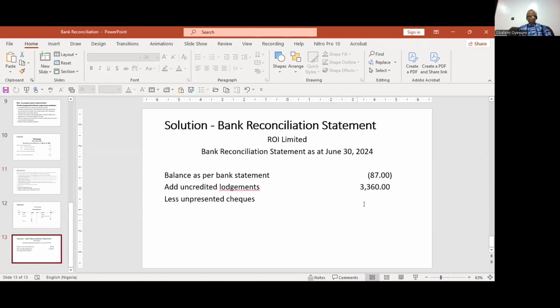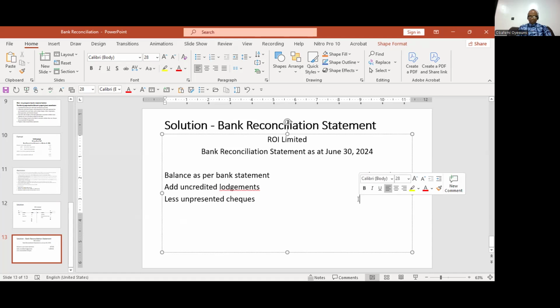So we have 2074. Let me also align this properly. So that's what we have there.